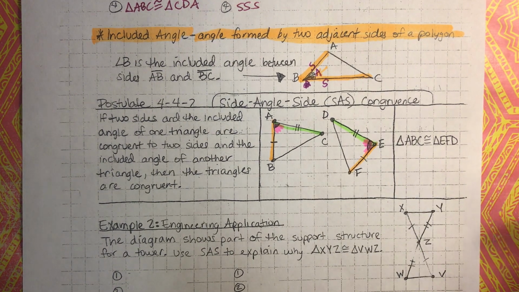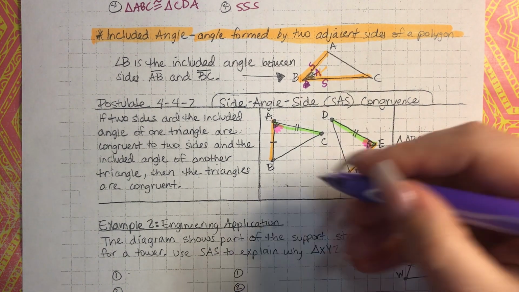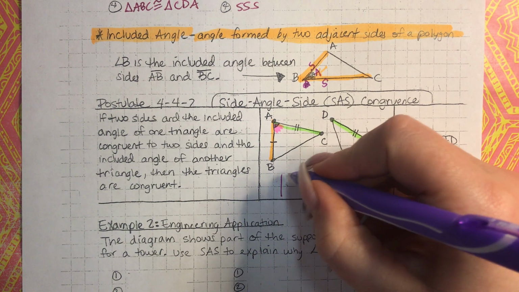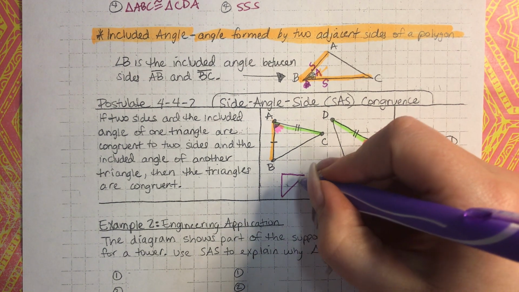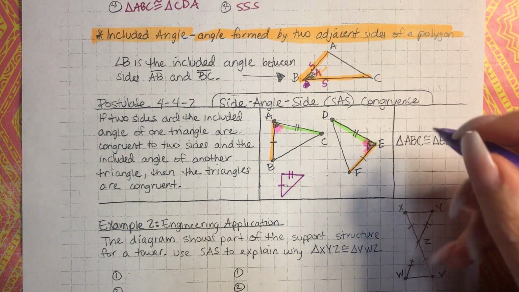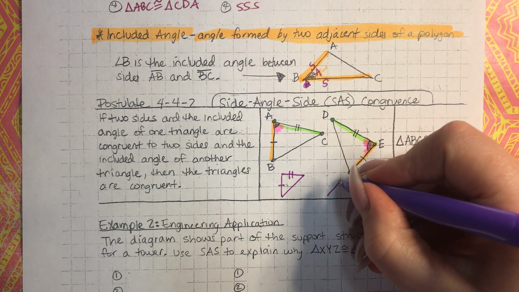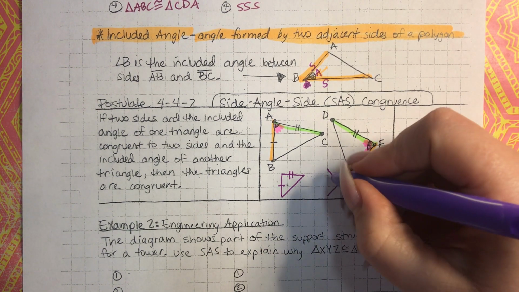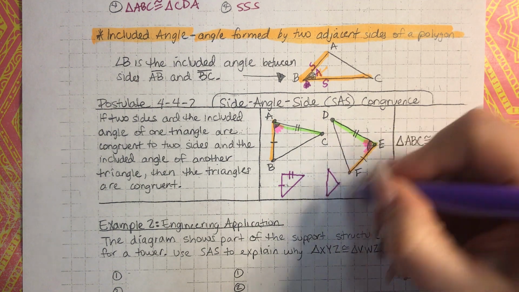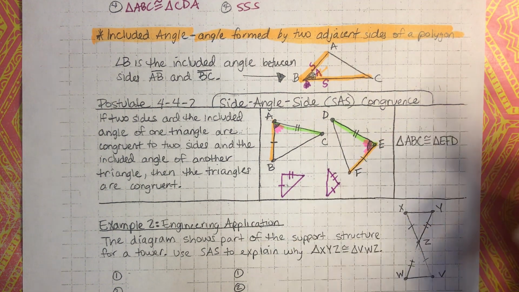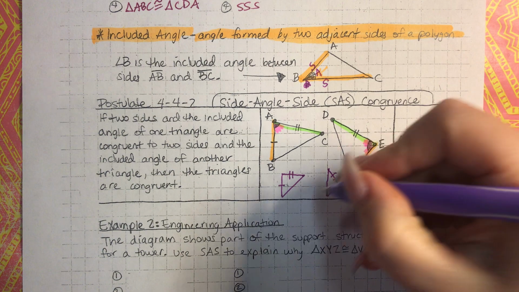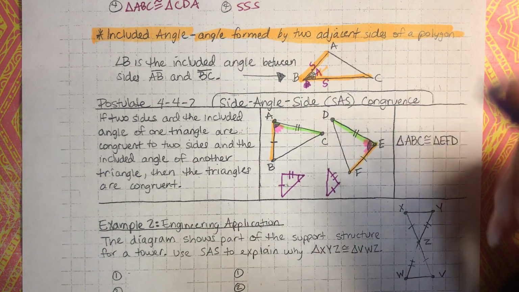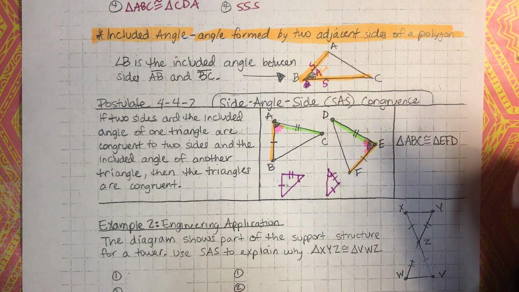So it's important that you see that, let's say you had a triangle like this, and we had the same thing, and then we had this triangle over here, which was the same thing. Okay, but let's say this angle here and that angle there were the same.